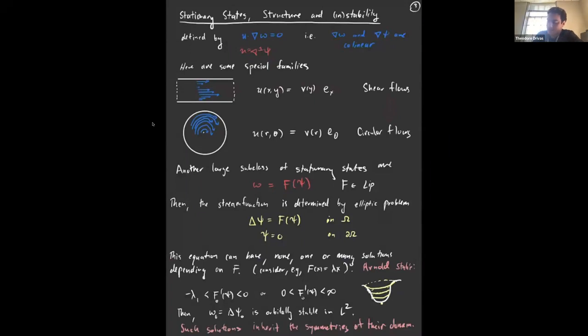Another big class is easy to generalize to different domains. See, these ones required the symmetry of the boundary, Euclidean symmetry, to just write down. But if you don't have that type of symmetry, there's still a very large class of steady states you can study. Those come from declaring a functional relationship between the vorticity and the stream function, so that this condition of collinearity of the gradients is just automatically satisfied.